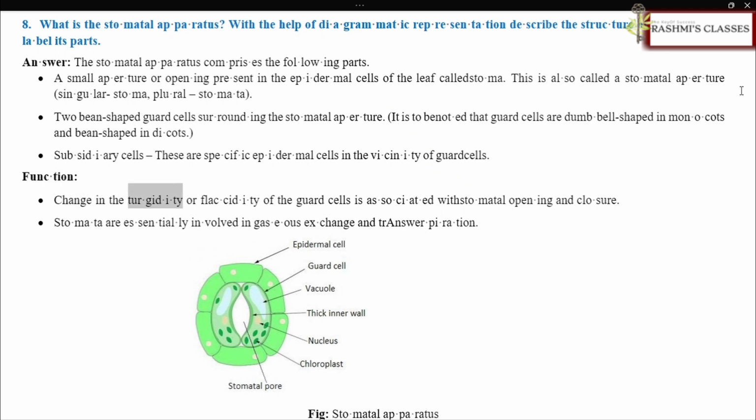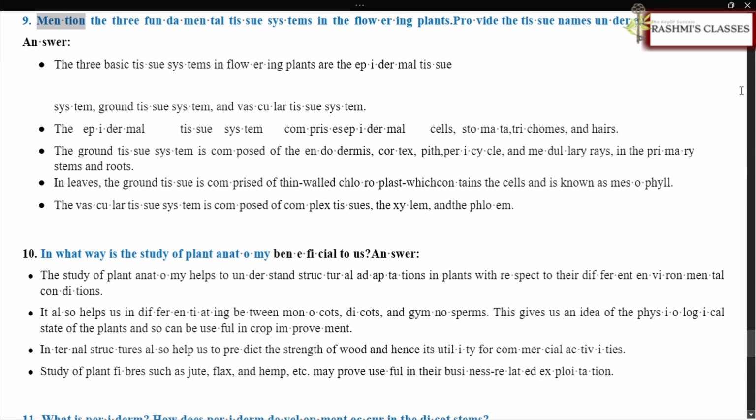Change in the turgidity or flaccidity of the guard cells is associated with stomatal opening and closure. Stomata are essentially involved in gaseous exchange and transpiration. Fig. Stomatal apparatus.